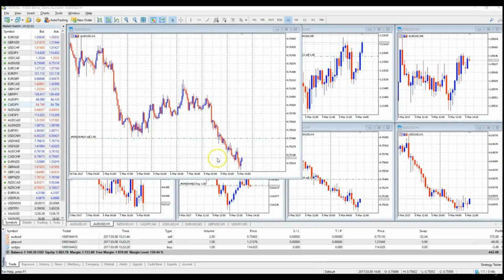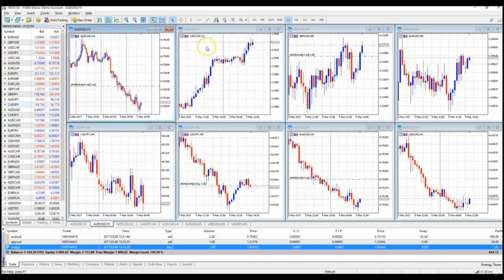Okay, so I can't keep trading as many $100,000 positions as I like, because this is my free margin here. This is the amount of margin that I have available to continue to play with. So I'll just give you an example here.